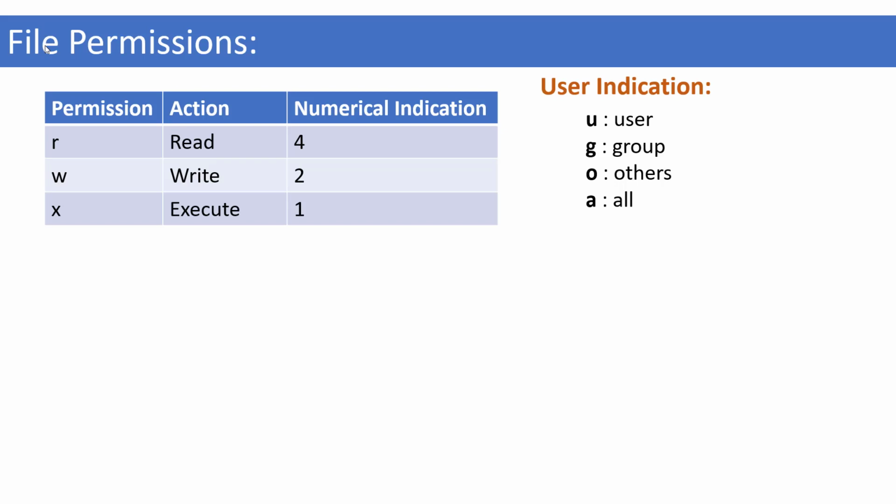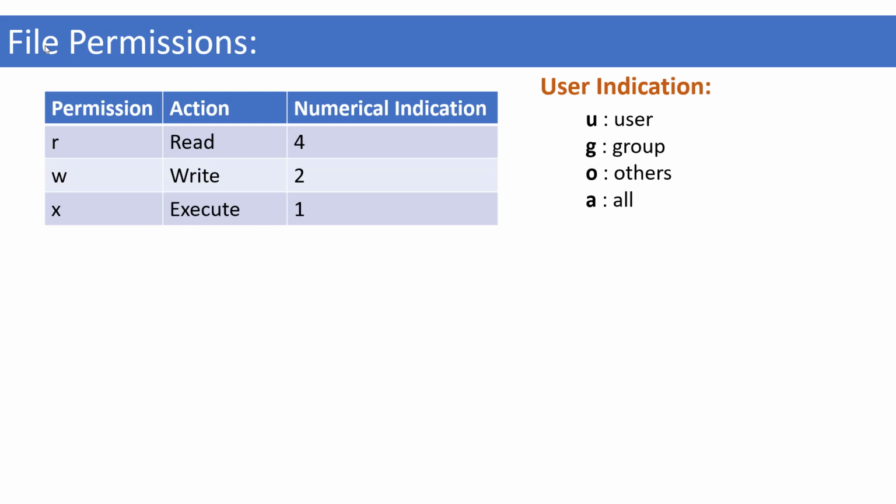If we specify group, whoever other users are present in the group, the permissions will be applicable to all of them. Whatever the group permissions are, they will be applied to all the other users present in that particular group. Next one, O. O means others. Others means those who do not belong to the above two categories, user and group.